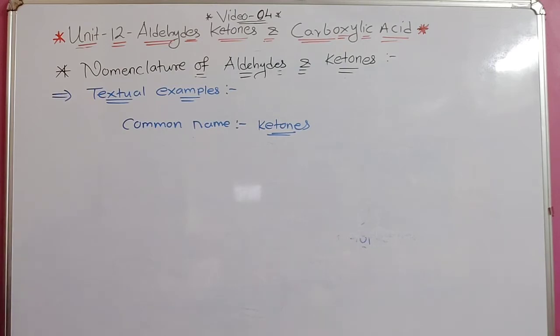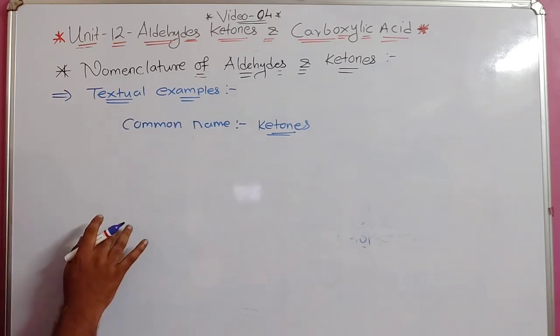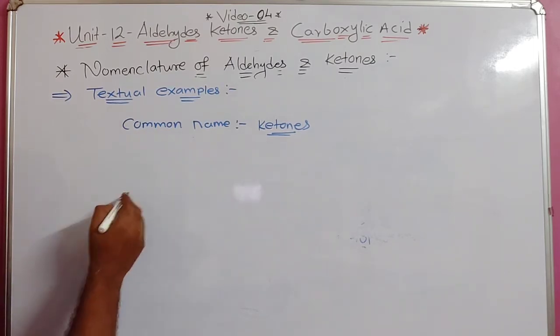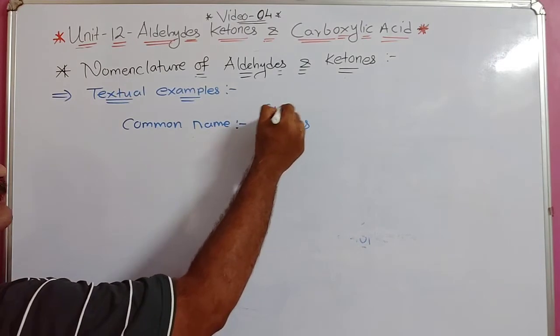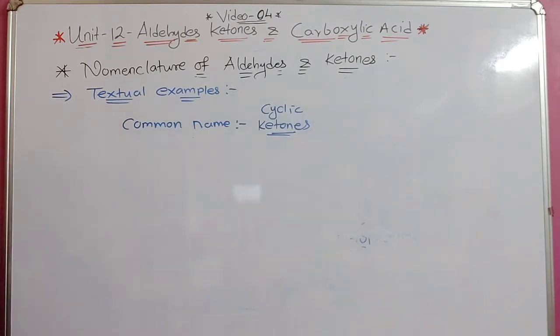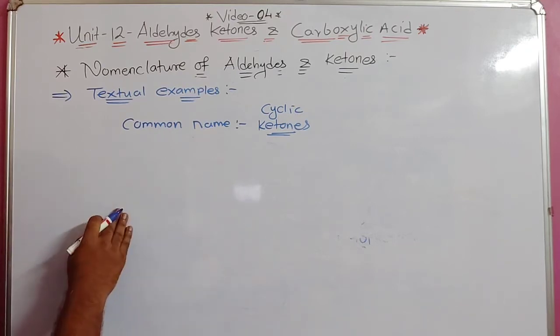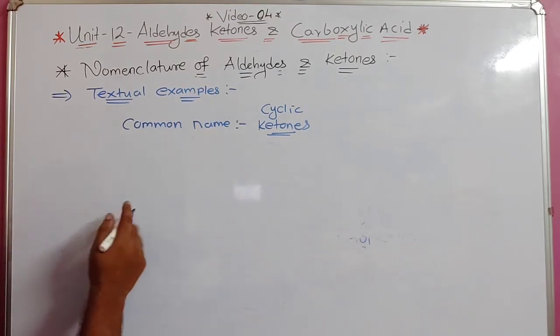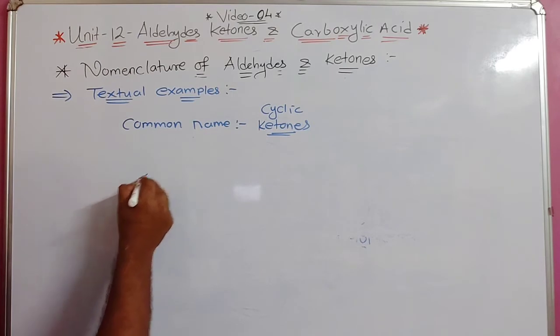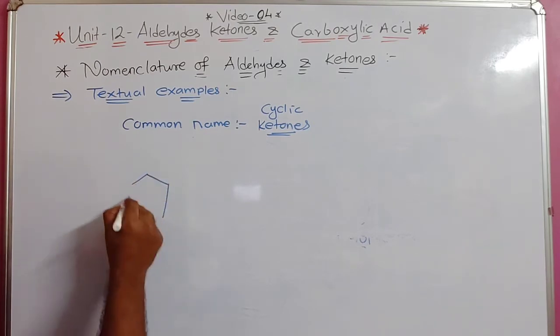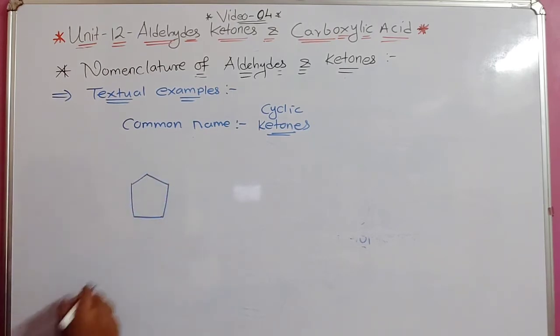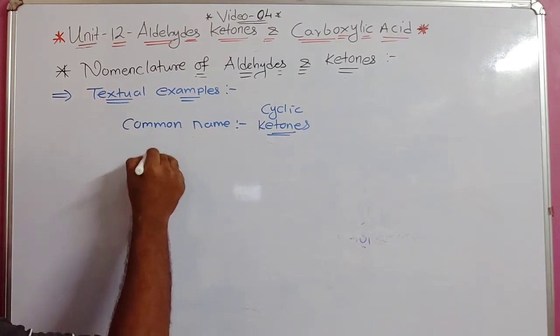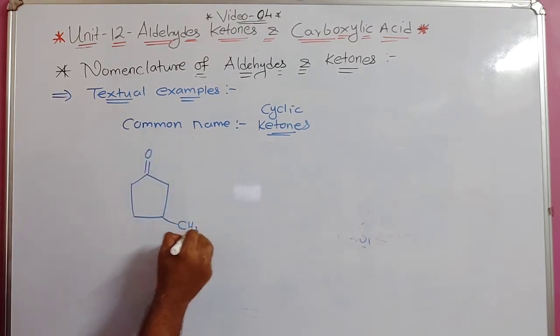So in common names of ketones, suppose I am talking about cyclic ketones. In your book also one example is given, but before that we can write this cyclic ketone. Here suppose double bond O is there and CH3 is there.